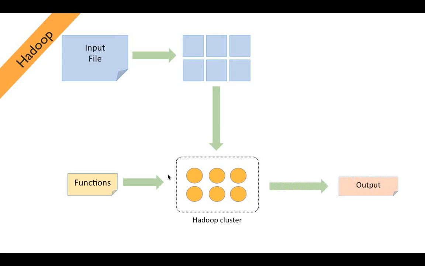Now, the things that people like about Hadoop and the reasons it has become as popular as it has are that it's extremely flexible. The functions we're talking about are typically written in very rich languages, so you're looking at Java and Python and Ruby and things like that, and you're outside the realms of SQL.